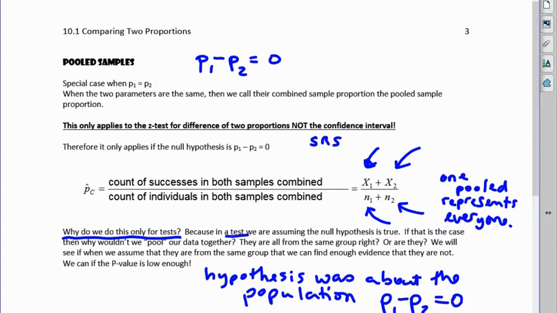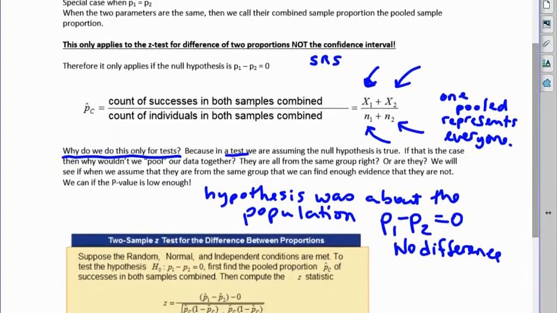If that's what we're starting off, we're assuming this null is true, although we would never state that we thought it was true. Since that is our null hypothesis, and we're saying that we think they're the same, then why are we treating them as different groups? Let's just put them together, call them one group, because we think the boys and the girls, or school 1 and school 2, are all the same. So we're going to put them together.